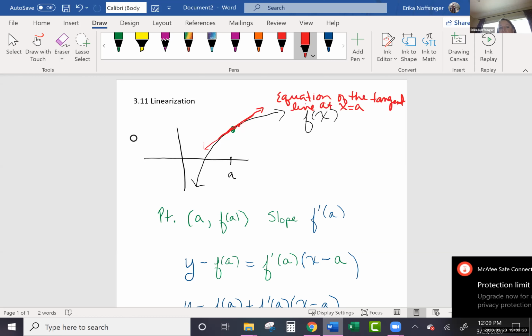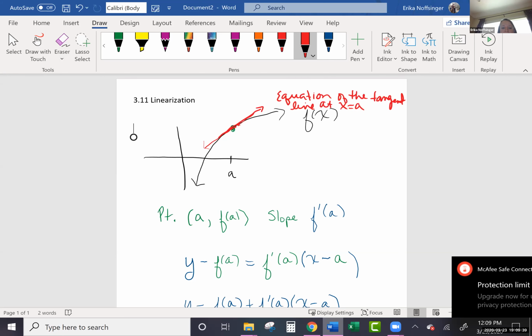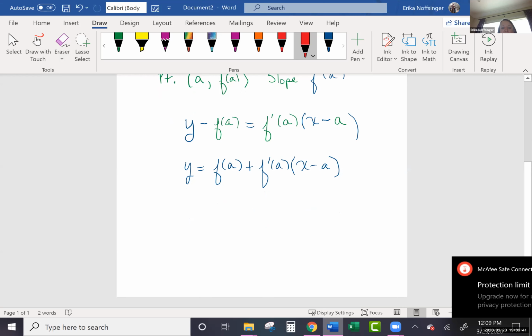That's what we're going to be doing when we're doing this linearization. We're going to be finding the equation of a tangent line at a point, choosing a value that's easy for us to find, and then estimating the value that we wanted by using the equation of the tangent line.